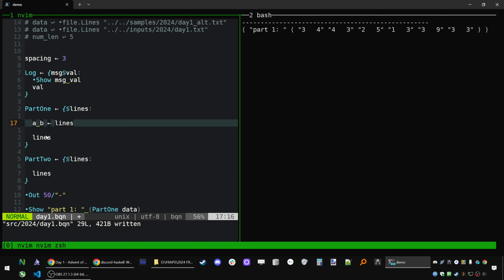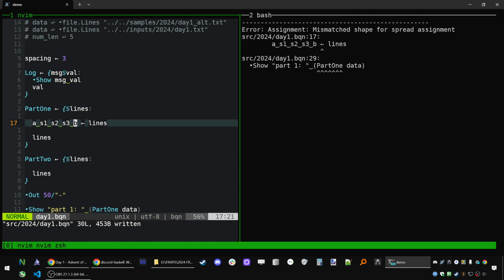My question is, can I put expressions here, like in Haskell, to dynamically split this up? So if I could say three spaces and then whatever, for now I can do x, s1, space one, space two, space three, and then b.